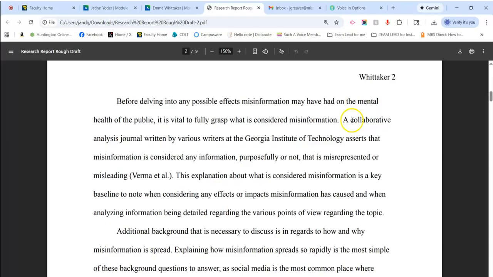Very nice. Good job letting your audience know what you're going to specifically mean when you use the word misinformation. Now, by the way, if you remember when we talked weeks ago about whether or not you're using BEAM, remember BEAM?